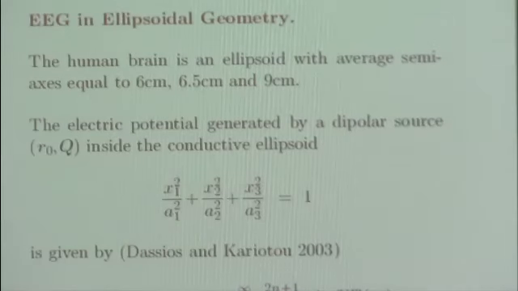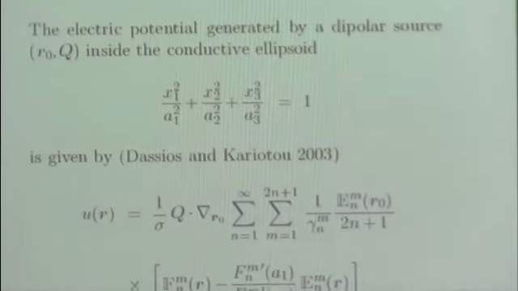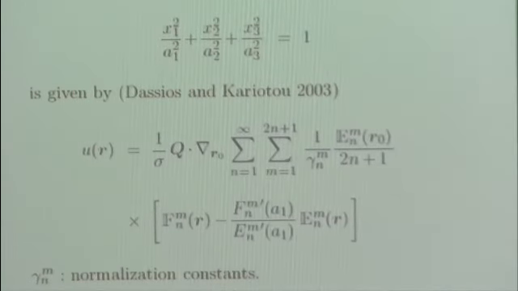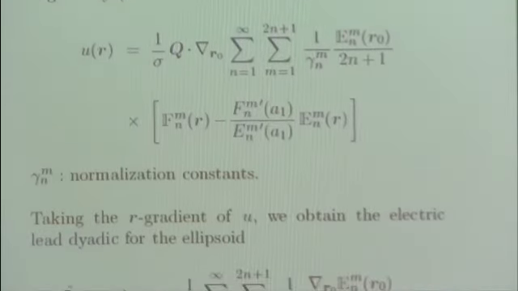Now, let's try to solve the EEG and MEG problem and see what happens. You start here with the reference ellipsoid as the brain itself, and you can find the solution, which is in this form. If you go to the lead field, it's written like that.